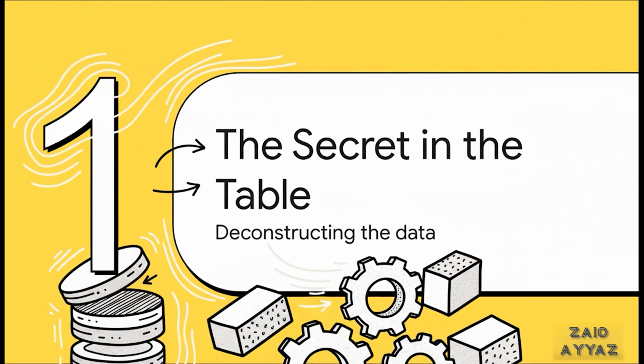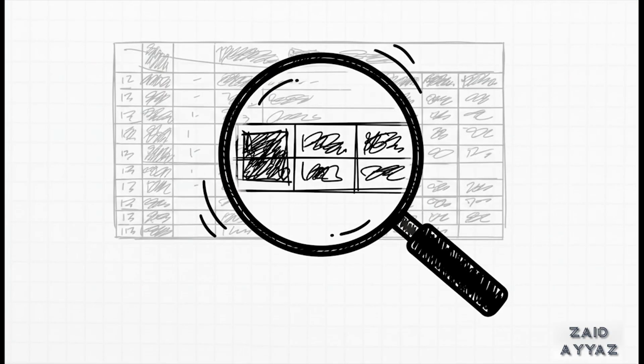Okay, so to kick off our investigation, we've got to look a little closer. We're going to peel back the very first layer of this database and find its most basic, most fundamental component. You know, the best way to understand any complex system is to just break it down into its smallest parts. So let's zoom right in on our table and focus on just one single row, the record for just one student.